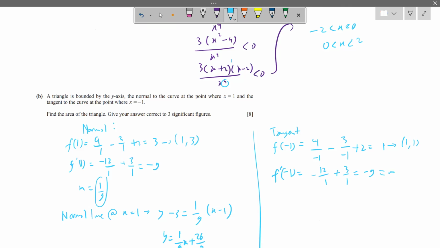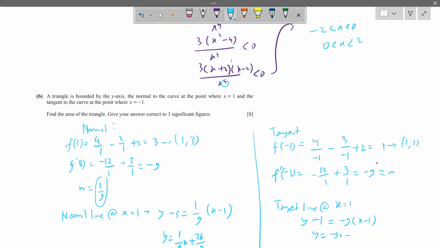So the tangent line at that point is y minus 1 equals negative 9 times x minus negative 1.